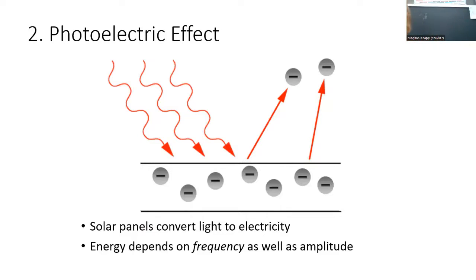So that thing that was vertical before, I've got it horizontal here because it was easier to draw this way. But we've got light coming in, and the light comes in, hits, the electrons pop off. And what we expect to happen if light is behaving the way waves should is the brighter the light, the more energy that's coming in, the more electrons you get to pop off. And that is exactly what happens.